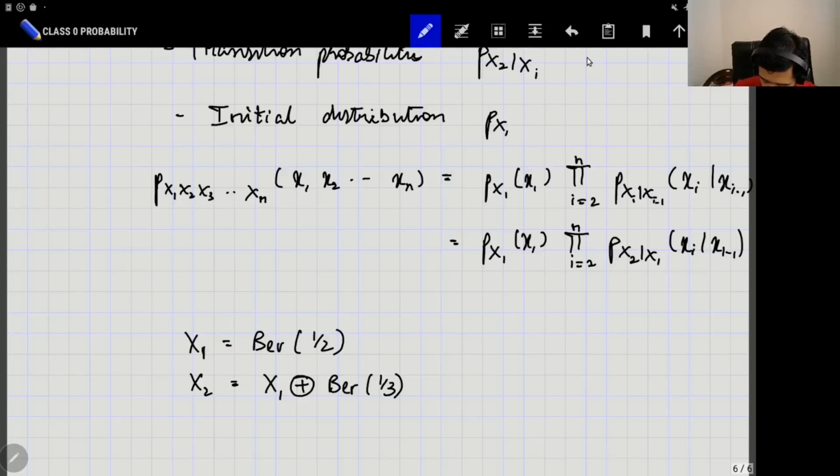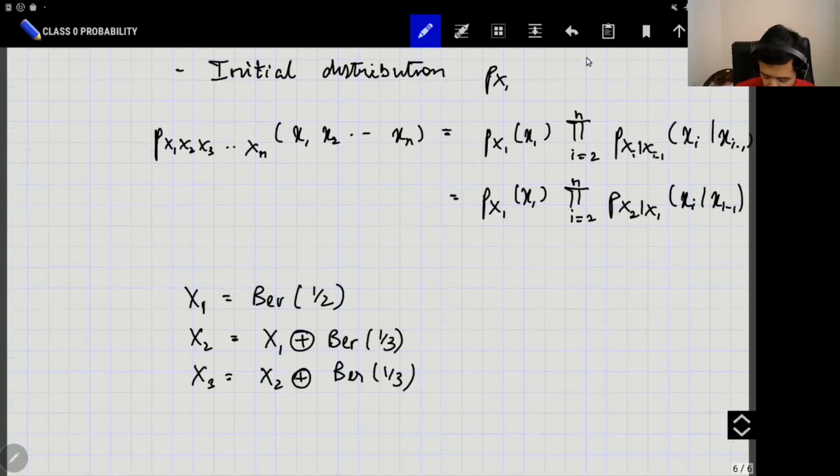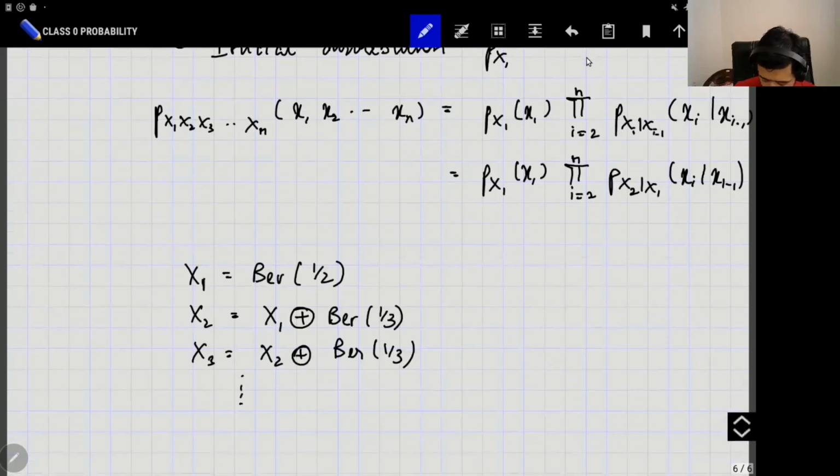So x3 is x2 XORed with a Bernoulli 1/3 random variable and so on, right? So each of these is an IID Bernoulli random variable.